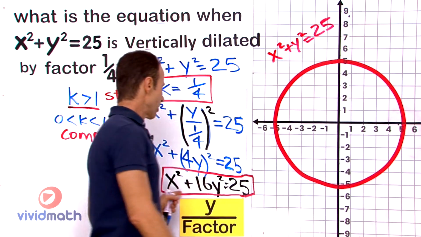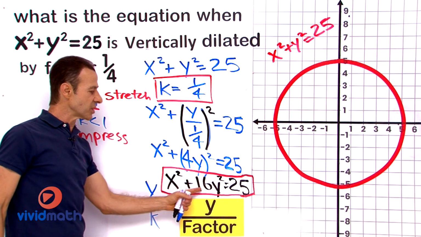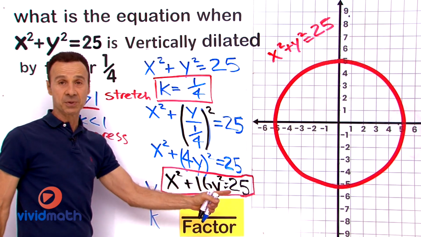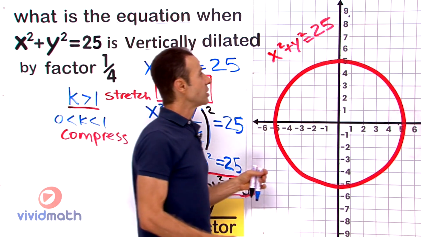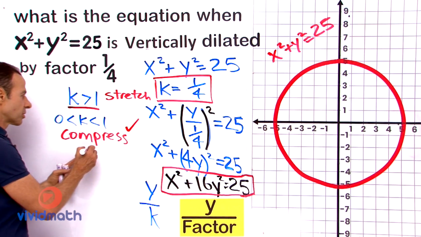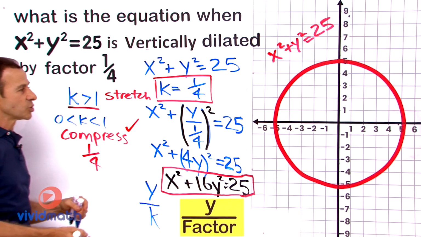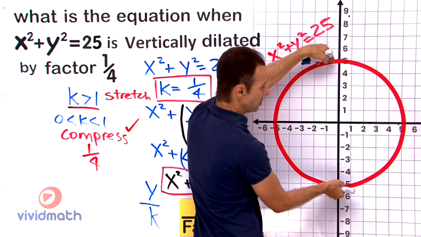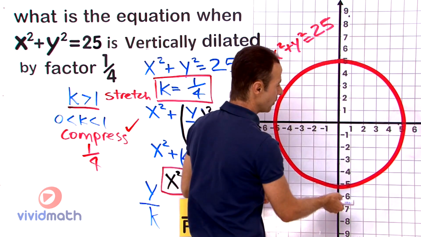And now we've come up with x squared plus 16y squared equals 25, which in actual fact is an ellipse, okay? So it's going to be vertically what? Compressed. It's going to be vertically compressed because it's 1/4. So it's 1/4 up and 1/4 down compared to this 5 units up, 5 units down.